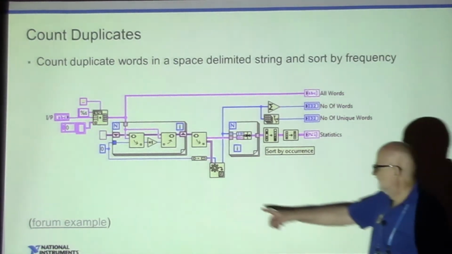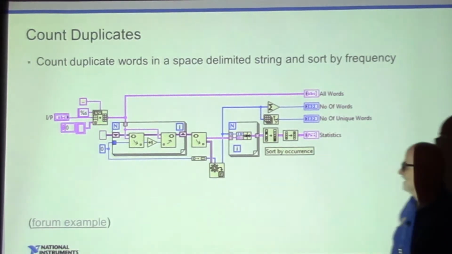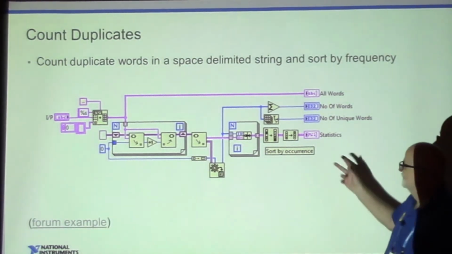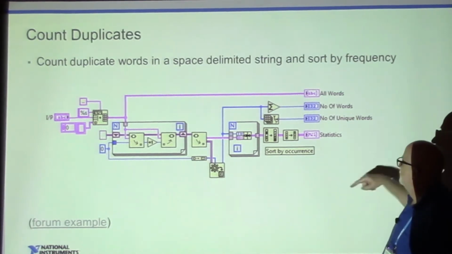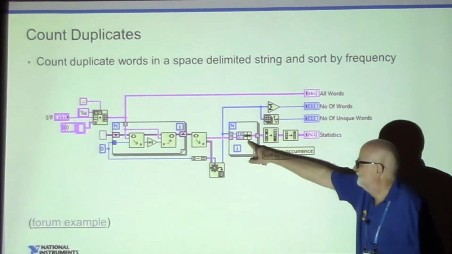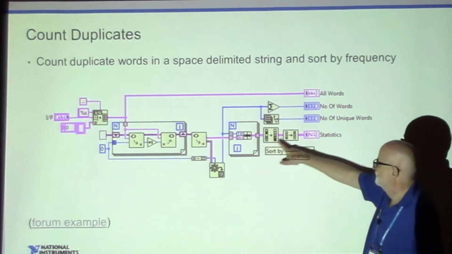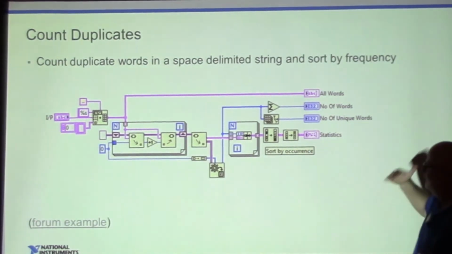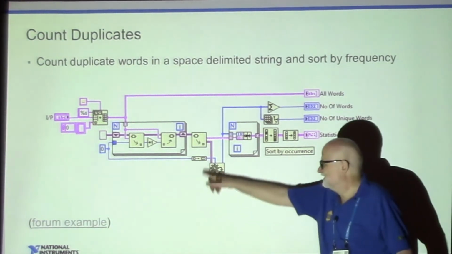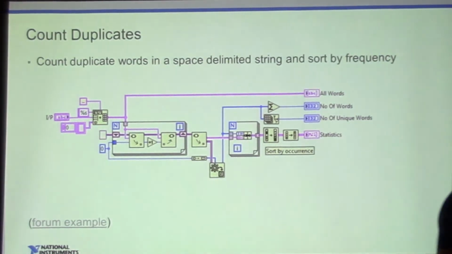Then you need a lot of gears to get it out of the variant. We have to tell it what it is, and so on. And then we want to sort it by unique words, so we have to bundle it back and sort it, reverse it, so the highest frequency words are on top of the list here.